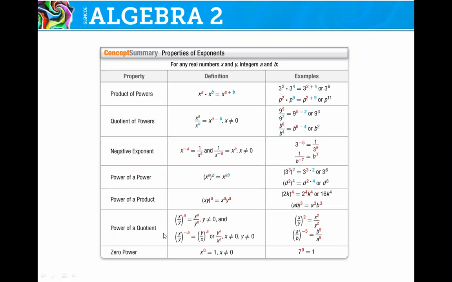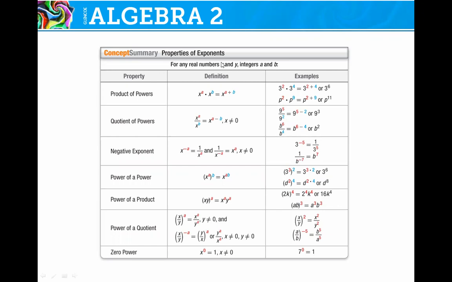Also powers of a quotient: if we have the power on the fraction x over y, we can also distribute the power to be x to the power a and y to the power a. If you have a fraction with a negative power, please flip the fraction first, so instead of x over y it will be y over x, and then after that you can distribute the power.